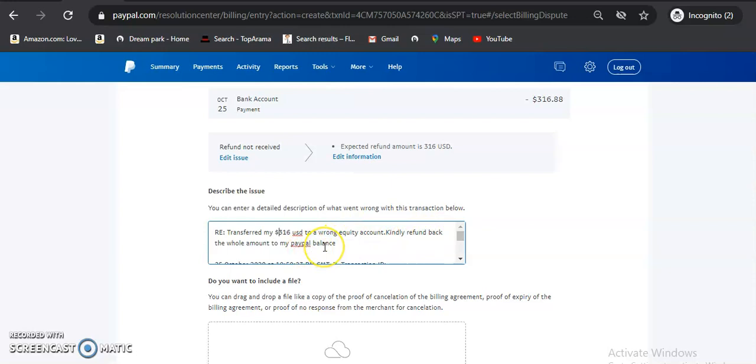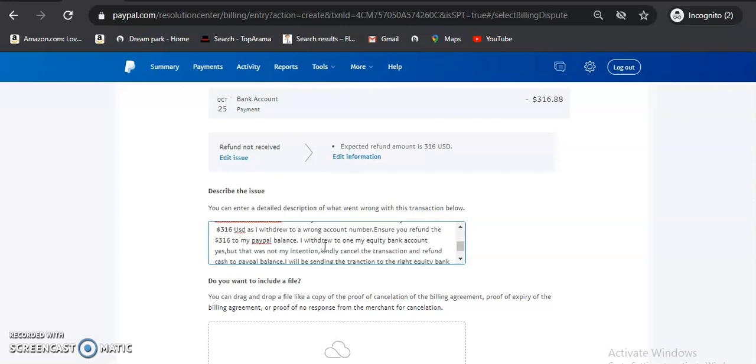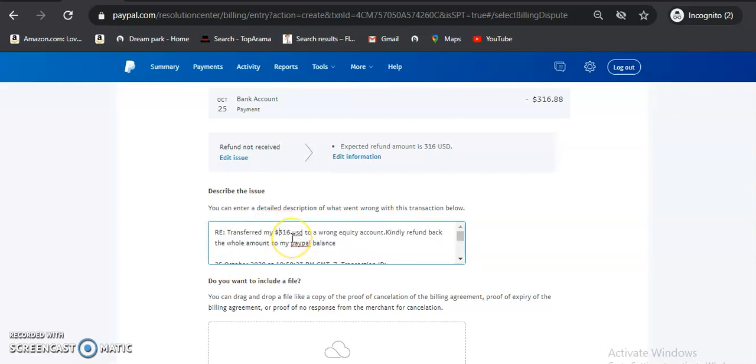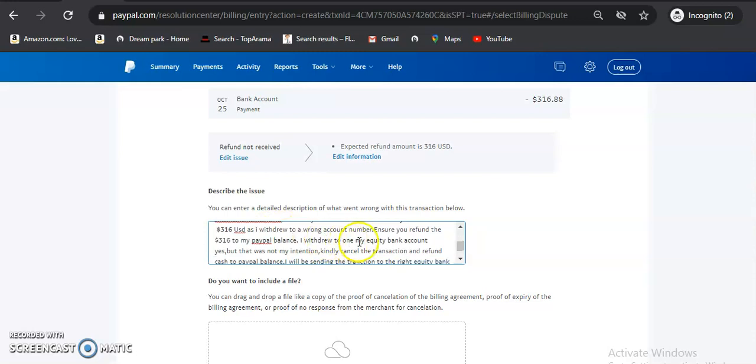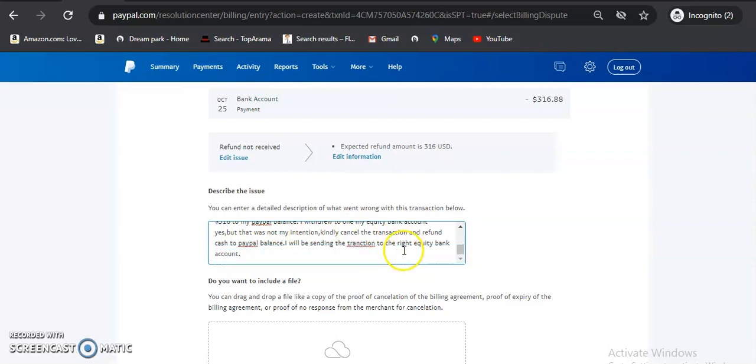Kindly refund the whole amount to my PayPal balance. I explained to them the transaction number and everything. I withdrew from one of my Equity accounts, yes, but it was not my intention. Kindly cancel the transaction and refund the cash back to the PayPal balance. I'll send the transaction to the right bank account as soon as you refund the cash.